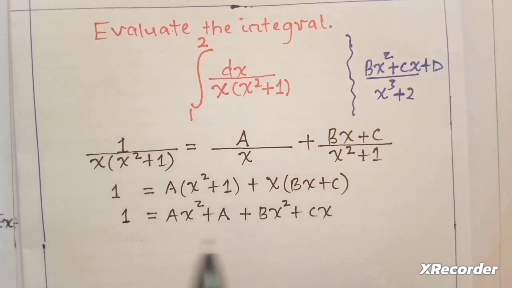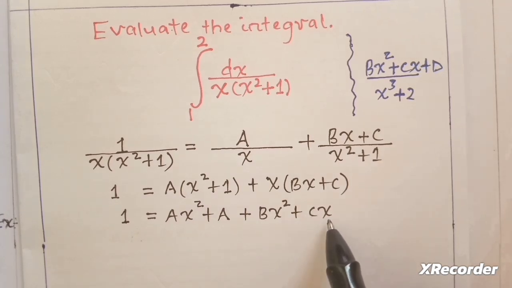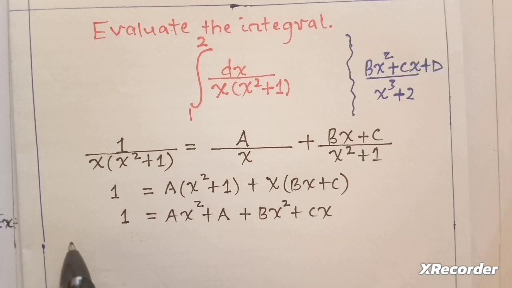But remember, guys, we have a coefficient for x squared here, which is a, and we have a coefficient for x, which is c. So on this other side, we can now write something almost equivalent to this.